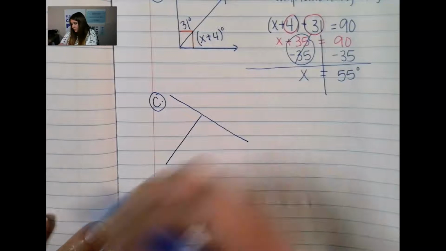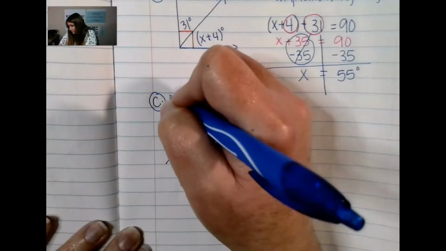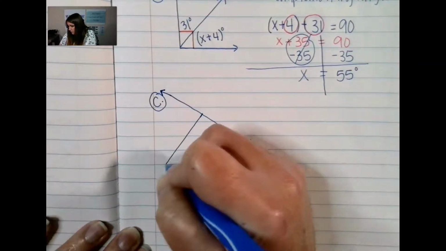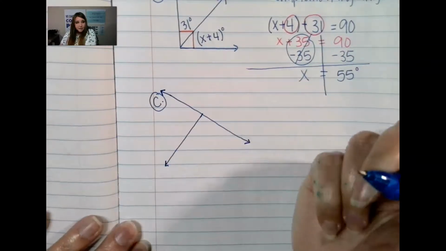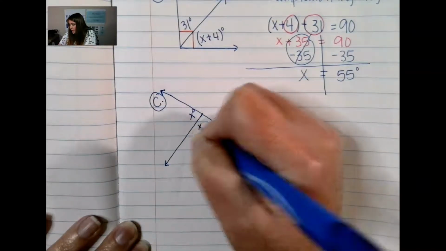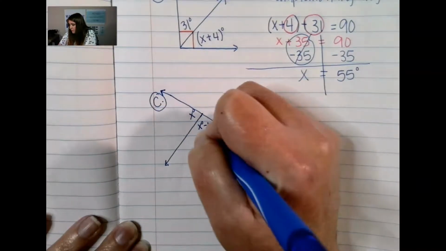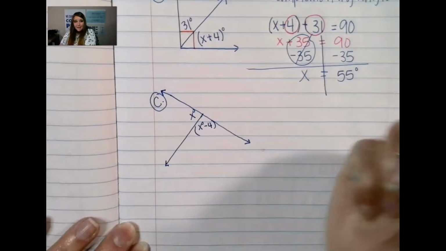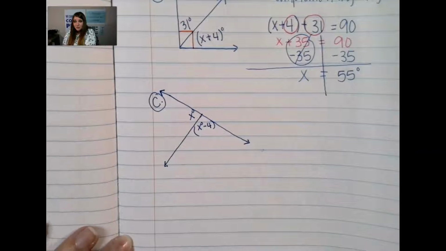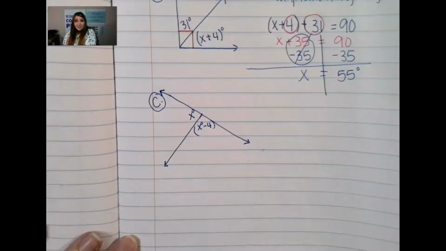Okay, in this example, this line goes on forever. It says x degrees and x degrees minus 4. And we're looking at this thing and we're like, what is going on here? Because I have a bunch of x's and I have a minus 4.